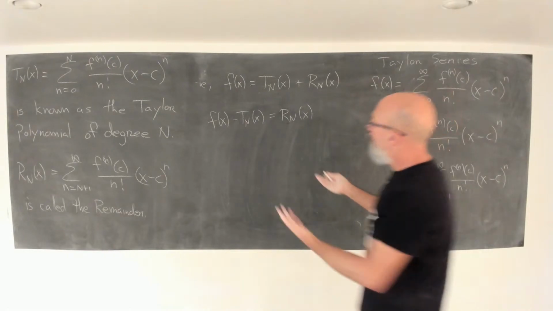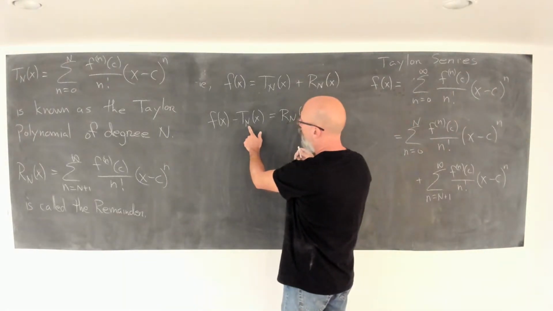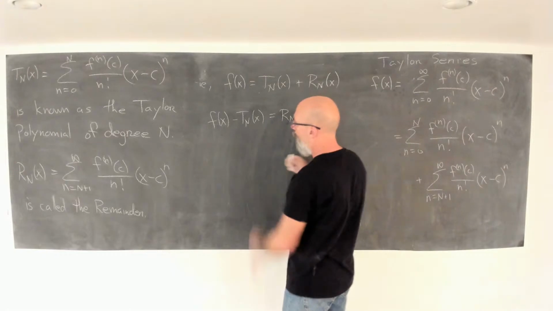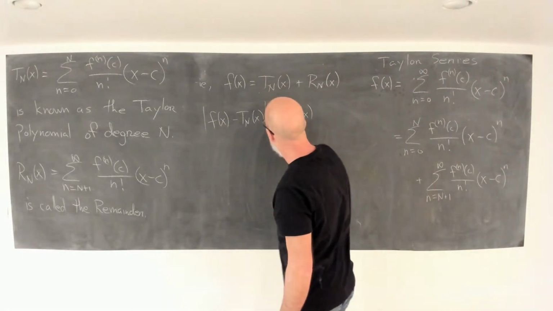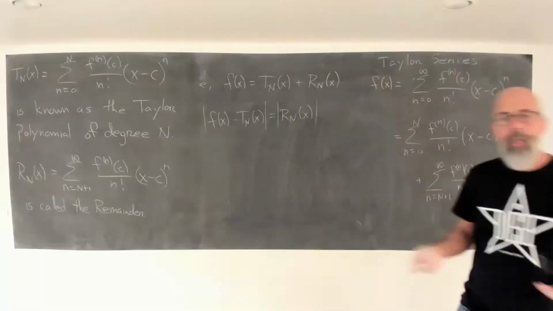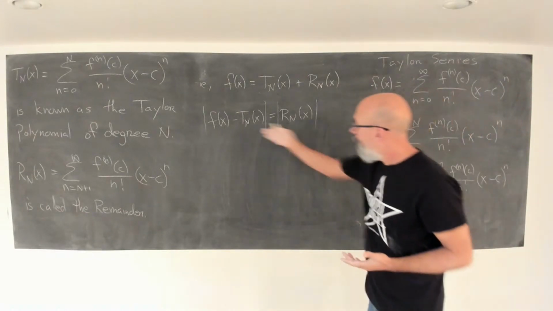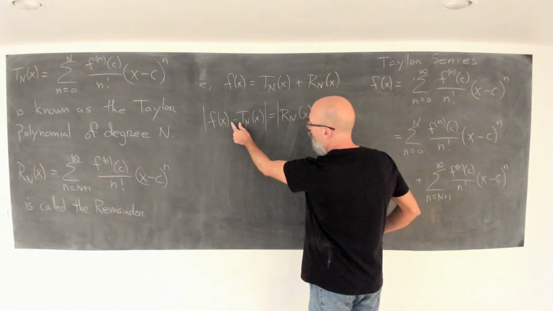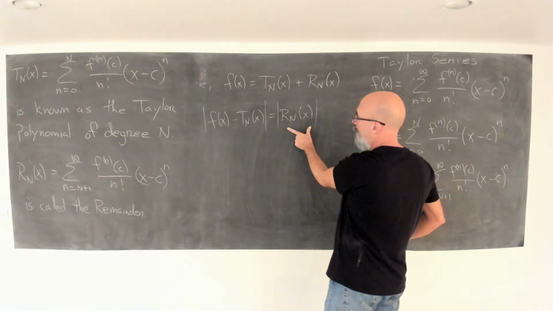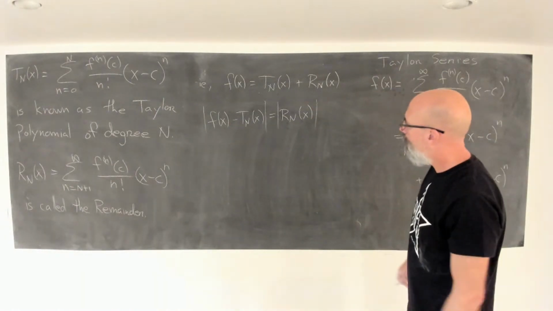And in order for the Taylor polynomial to converge to the function, we need the remainder to go to 0. Right? This is going to be the error now. So the error is the absolute value of the remainder.